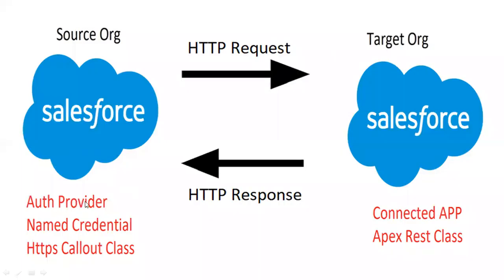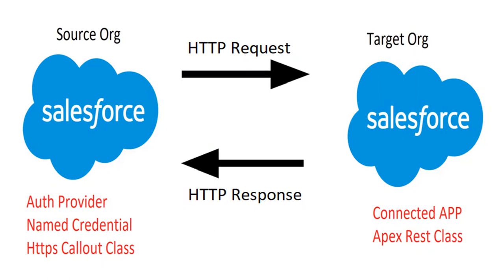the OAuth provider, and now it's time to set up a named credential. First of all, what exactly is a named credential? Basically, whenever we want to make HTTP callout classes, in HTTP callout classes we'll make an HTTP request. And in order to make an HTTP request, instead of using the complete domain name, we'll use a named credential.